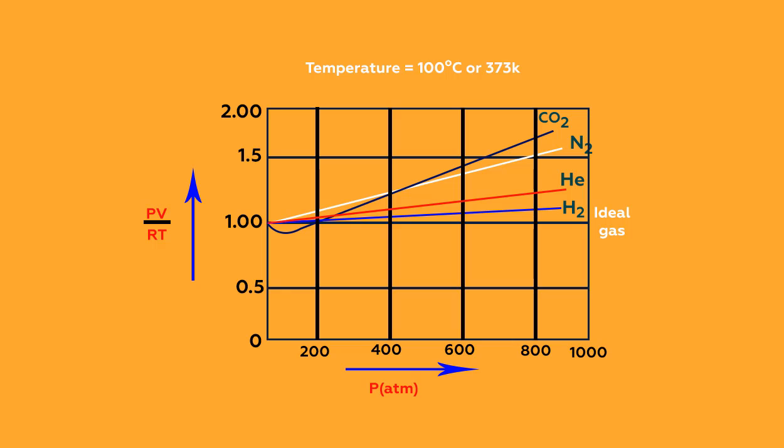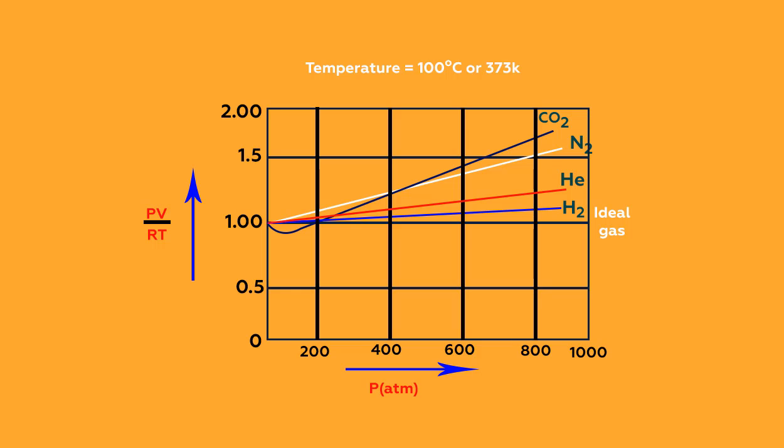At 100 degree centigrade, hydrogen and helium behave more ideally, nitrogen no longer shows the deviation to the lower side of the compressibility factor, and carbon dioxide behaves like nitrogen did in the previous graph at 0 degree centigrade.